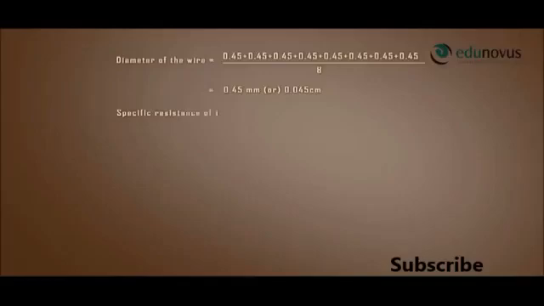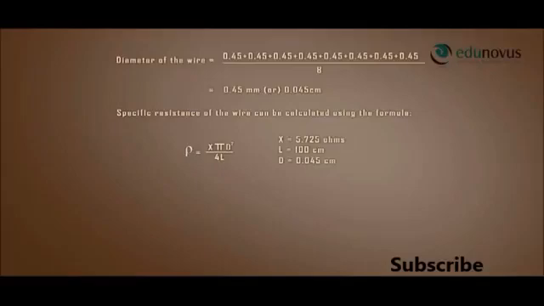Specific resistance of the wire can be calculated using the formula ρ is equal to X π d square divided by 4L. X is equal to 5.725 ohms, L is equal to 100 centimeters, d is equal to 0.045.